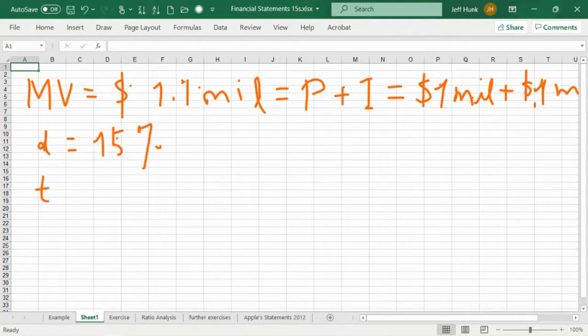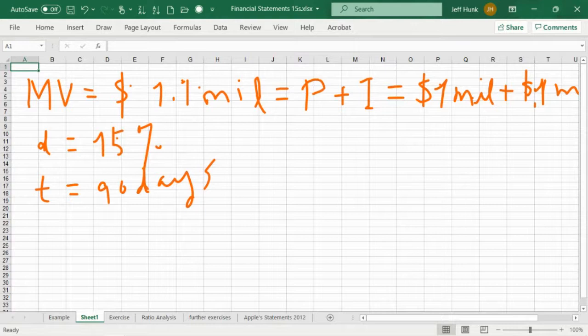And time left to maturity. In other words, this is the time left when this company took the promissory note to the bank. They can take it to the bank at any time, but let's say at that point the time left to maturity is 90 days.